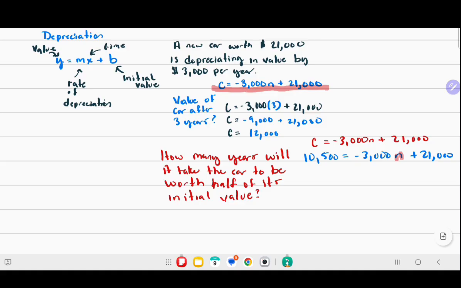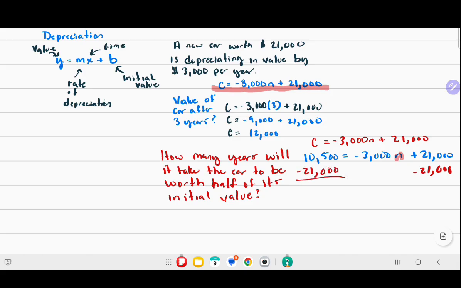So you do the same thing we've learned. To get n by itself, you must first get negative 3,000 n by itself. So who's over there with it? 21,000. You subtract 21,000 from both sides because you move a constant term, same way you always did.